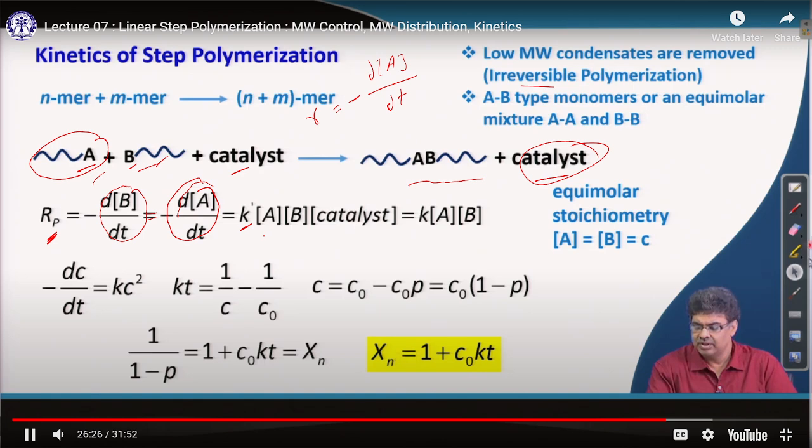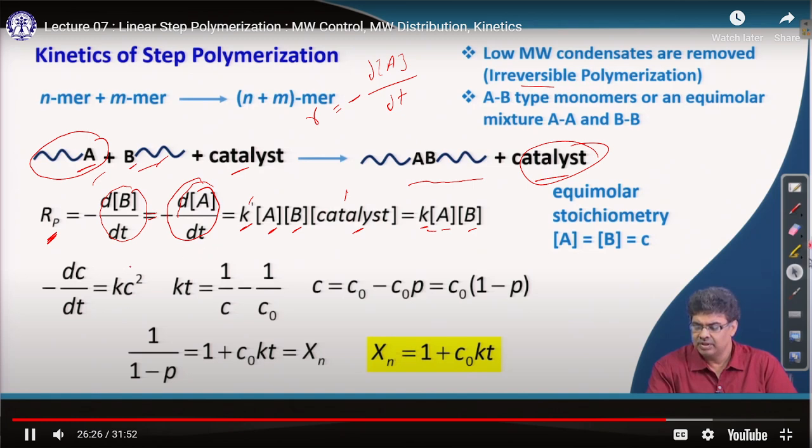K, the reaction constant, times the concentration of A and the concentration of B and the catalyst. We know the catalyst concentration will not change, so K' and K catalyst are constant, and we put another constant, K_AB. This is the rate law of polymerization.